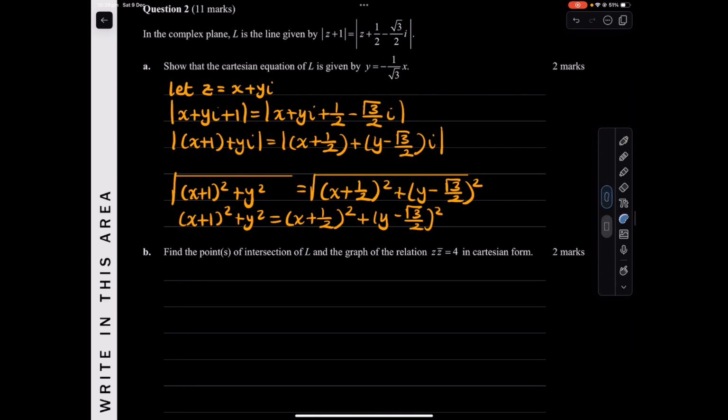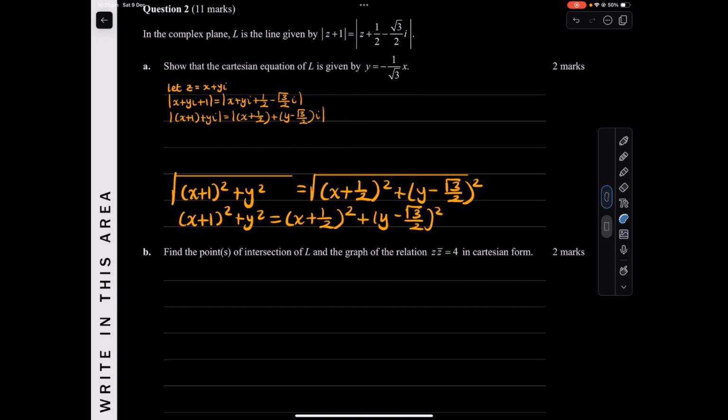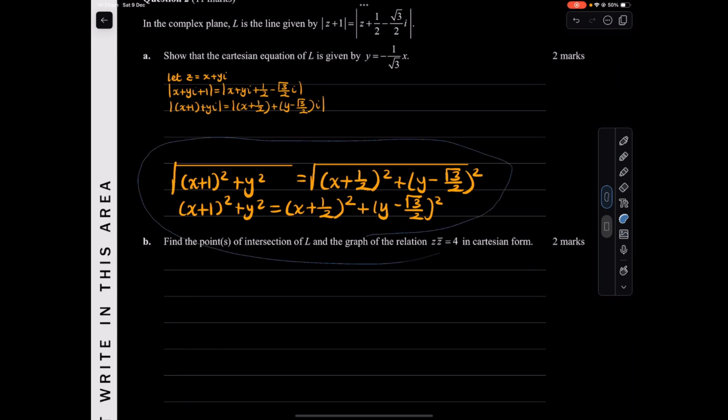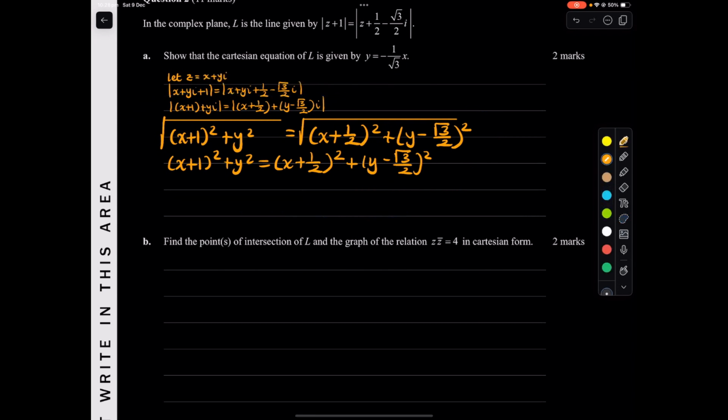I want to make this a little smaller, like this. Let's continue with this question. What we can do then is expand those. The x plus 1 squared is just going to be x squared plus 2x plus 1 plus y squared.